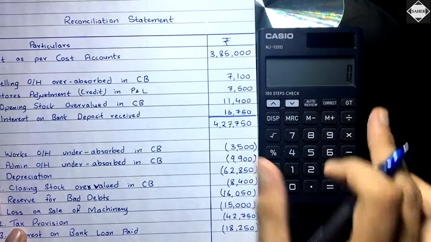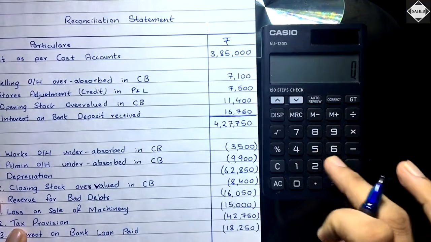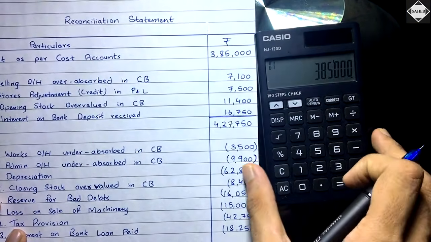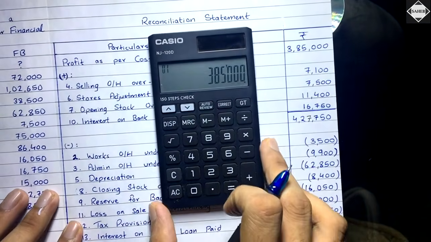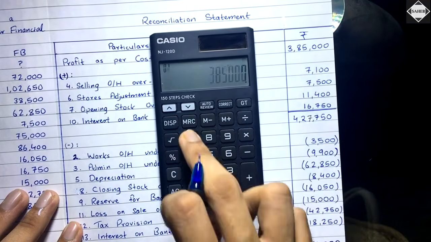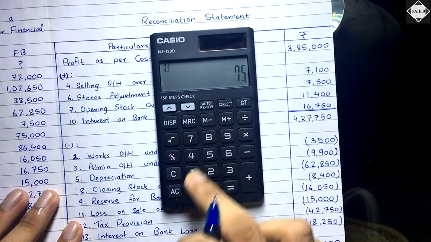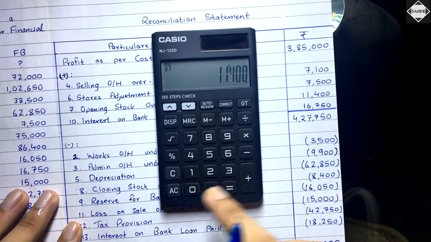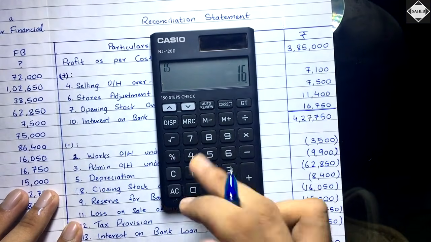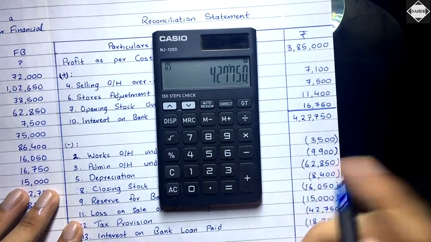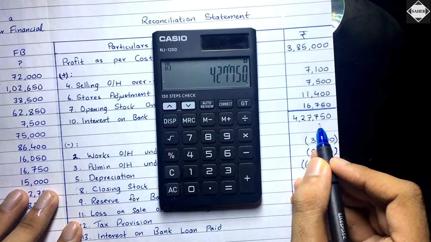So this is what you have to do. Simple. Let's do the calculations. See here, 3,85,000 plus 7,100 plus 7,500 plus 11,400 plus 16,750. That's equal to 4,27,750.